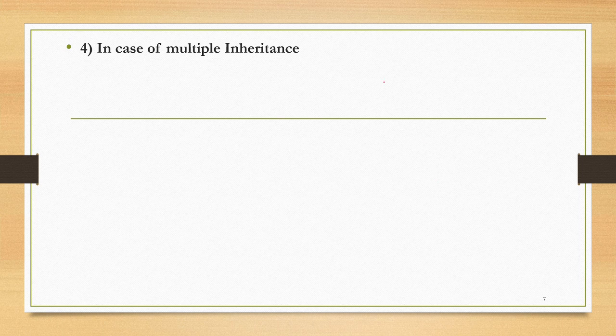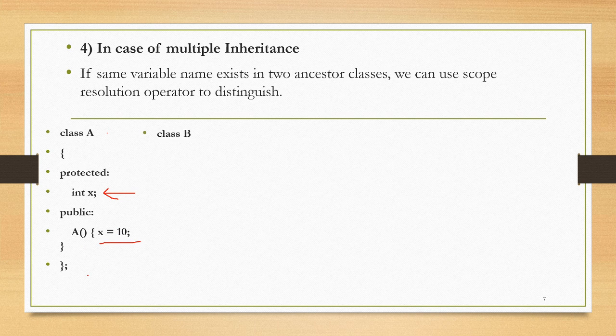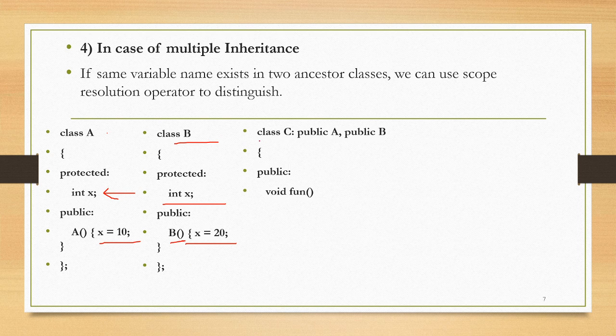Next, in case of multiple inheritance, if some variable name exists in two ancestor classes, we can use the scope resolution operator to distinguish. So this is our class A, which consists of one integer variable x, initialized to 10 using the constructor. This is our second class B, which again has one integer, initialized to 20 in the constructor. And this is the multiple inheritance.